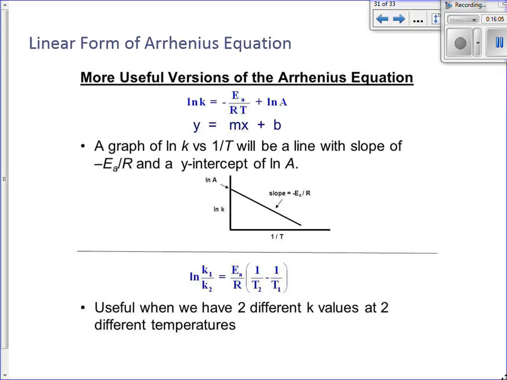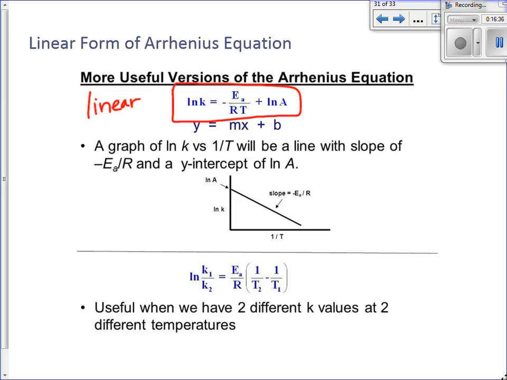This one being the linear form right here, where you have the natural log of the rate constant equals the negative activation energy divided by RT plus the natural log of A. So a graph of the natural log of the rate constant versus the inverse of temperature will be a line with a slope.